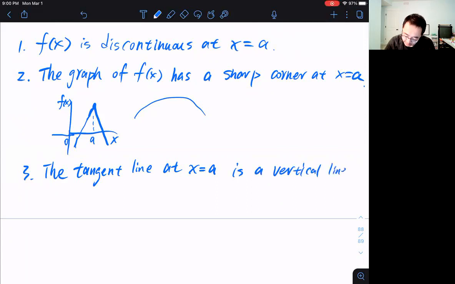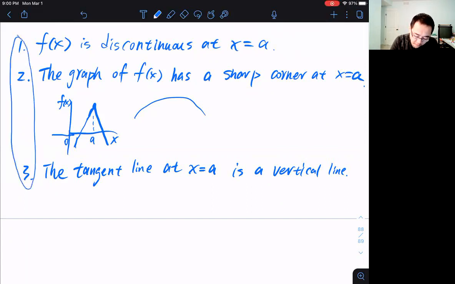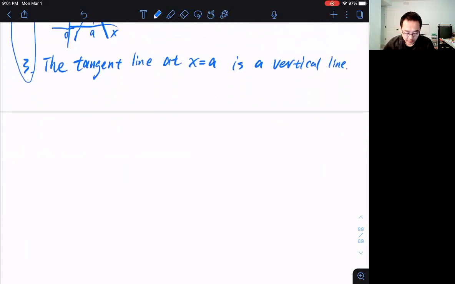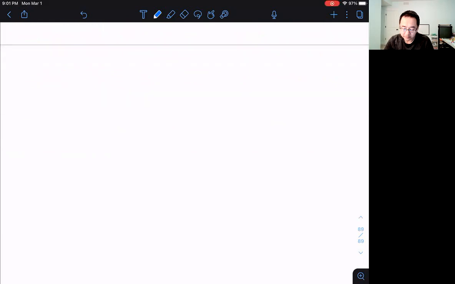In that case, if it's vertical, the slope doesn't exist. If the slope doesn't exist, you cannot take a derivative of this function. So if any of these three things occur, then there's no derivative that can be taken for a function. But other functions can be differentiated.